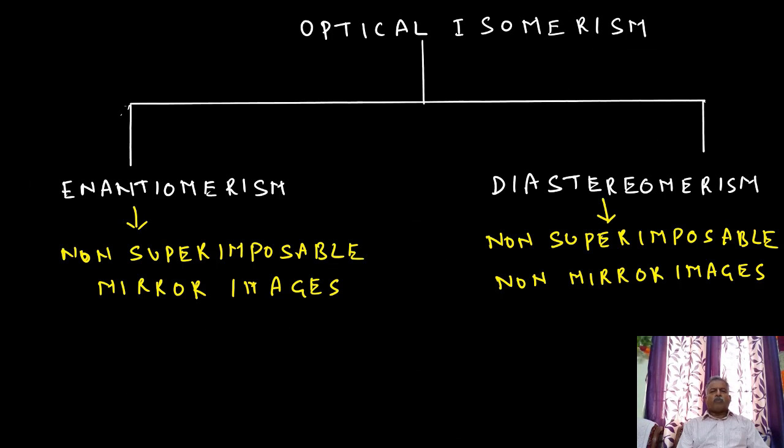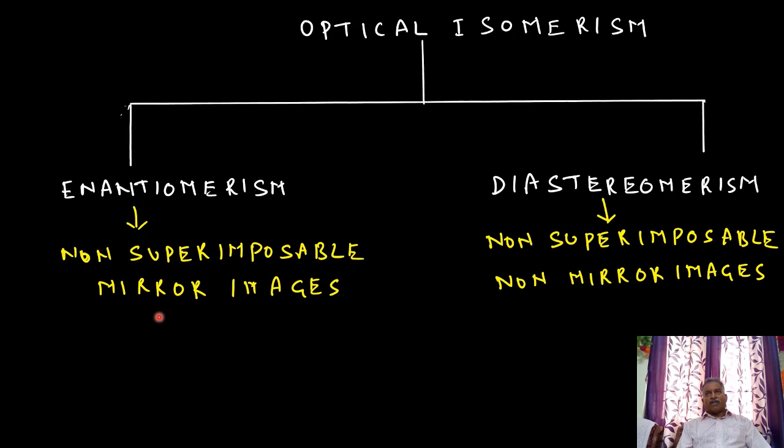Optical isomerism is mainly divided into two categories: one is enantiomerism and the other is diastereomerism. First of all, optical isomers are those having the same formula, same structure, but the orientation of different atoms or groups differs.